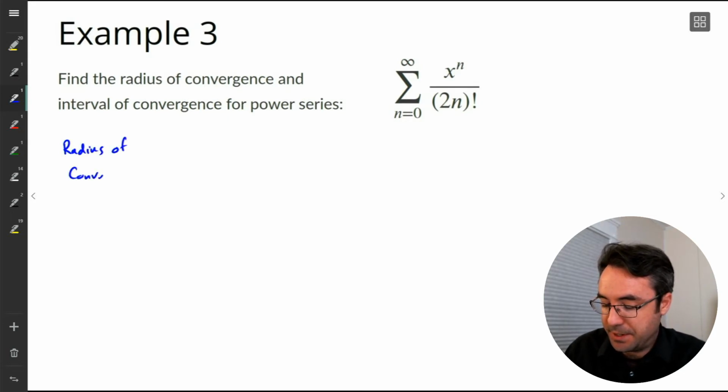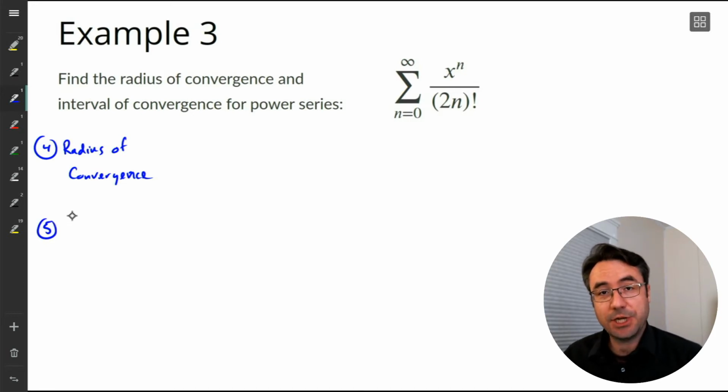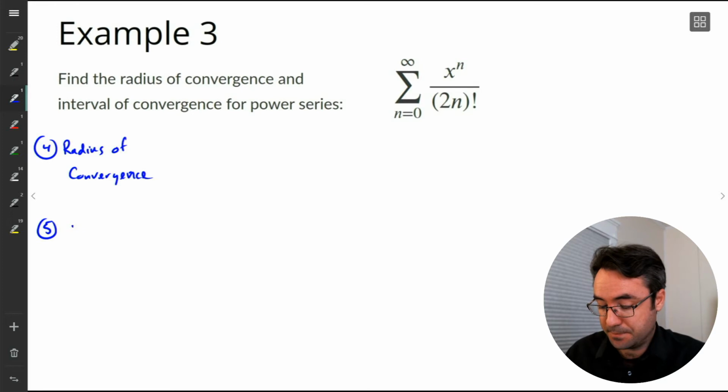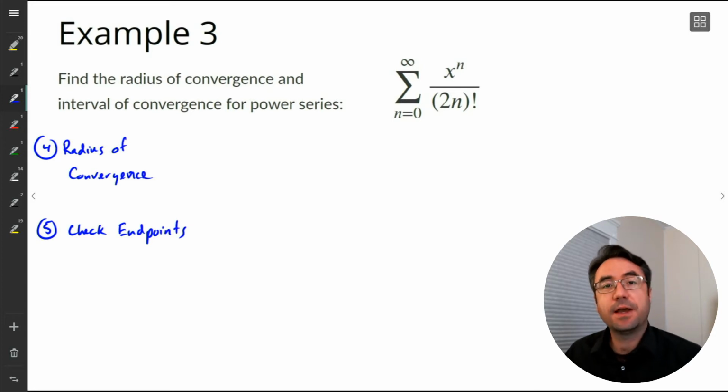So we'll state our radius of convergence. Normally we would check endpoints, but there are no endpoints to actually check here. And then we would write down our final version.